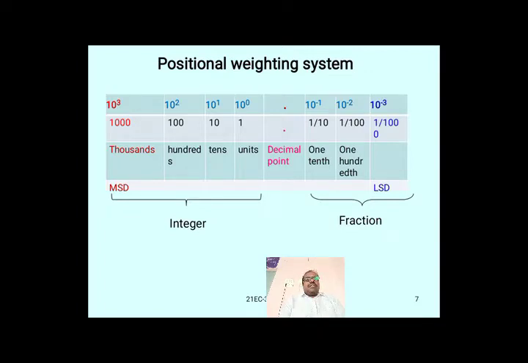Okay. Now I am reading the placement values from the decimal point. Afterwards, it is 1/10th, 100th, 1000th. Before the decimal point, it is units, tens, hundreds, thousands.